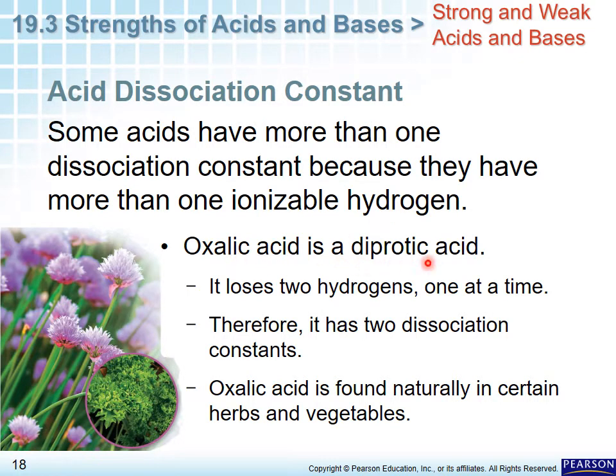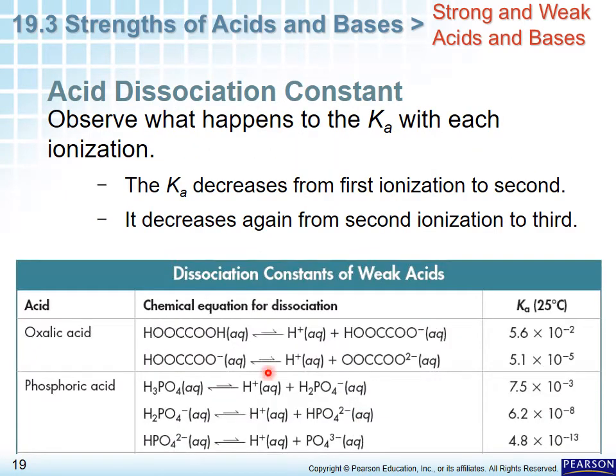Oxalic acid is a diprotic acid. It loses two hydrogens, one at a time. Therefore, it has two dissociation constants. Oxalic acid is found naturally in certain herbs and vegetables. You can see here, this is oxalic acid. Because it is a diprotic acid, it has two.